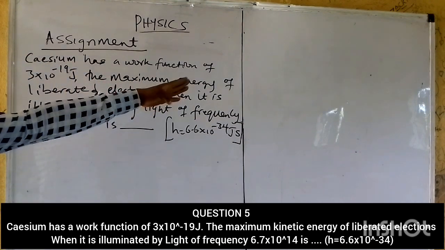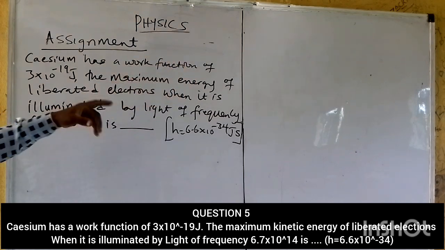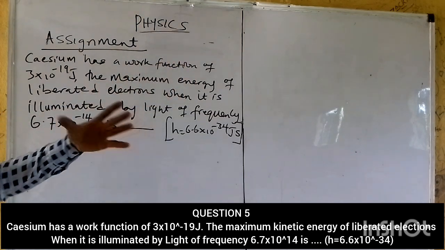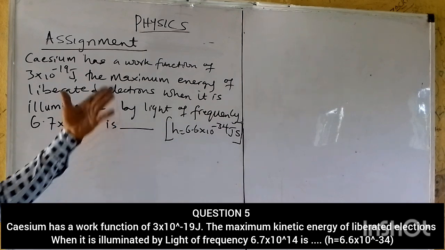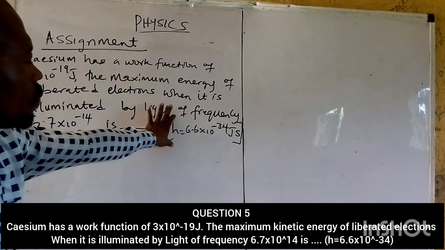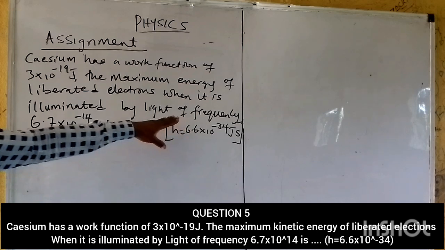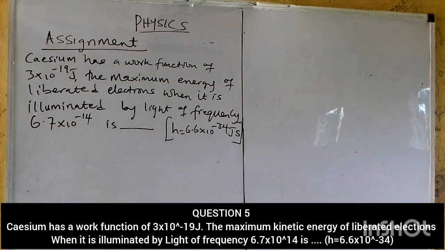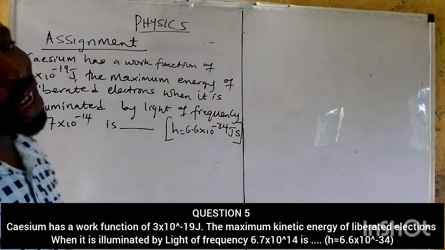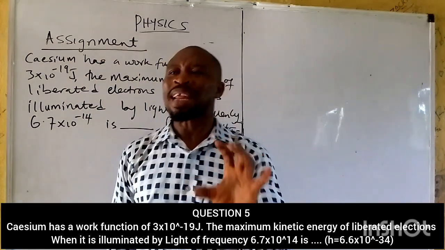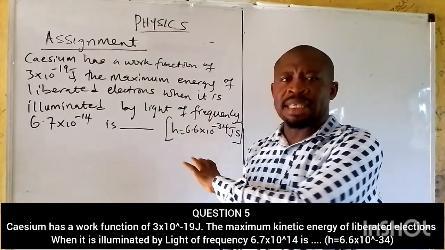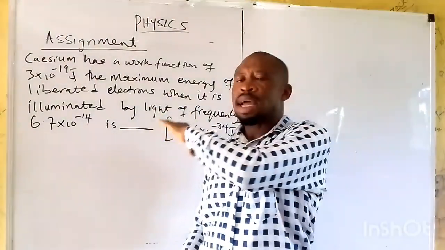The maximum energy of liberated electrons when it is illuminated by light of frequency, this is dash. Now we have the Planck constant given to us. So this question, and of course I have solved so many questions, please, using the same idea, how do you solve this?